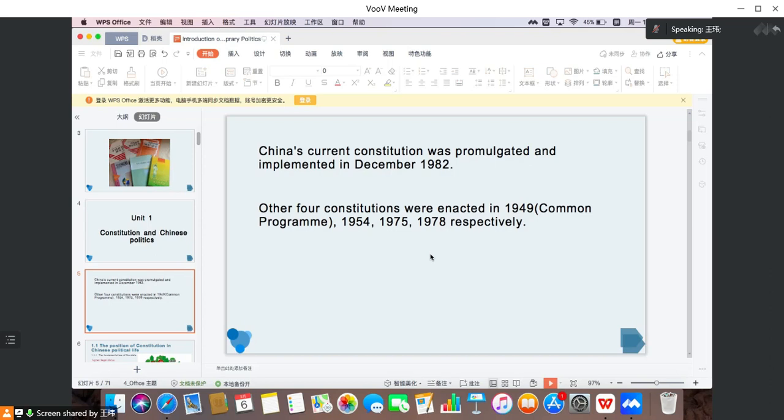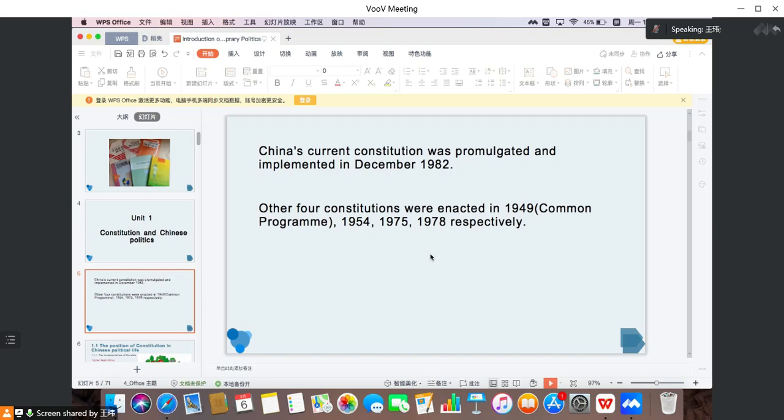I have to remind our students that here's an interesting point. The Common Program was promulgated not by the National People's Congress, but enacted by the organization we call the Chinese People's Consultative Conference.